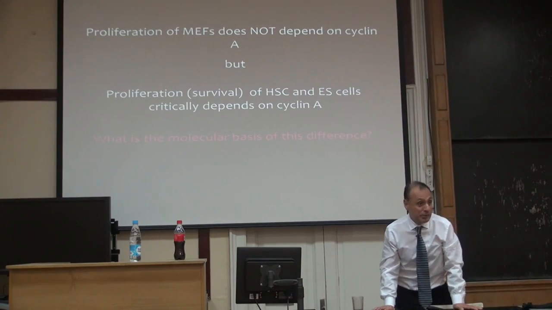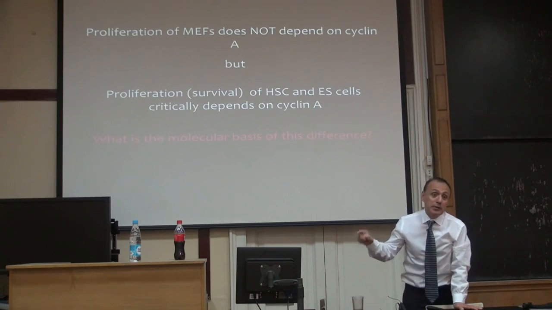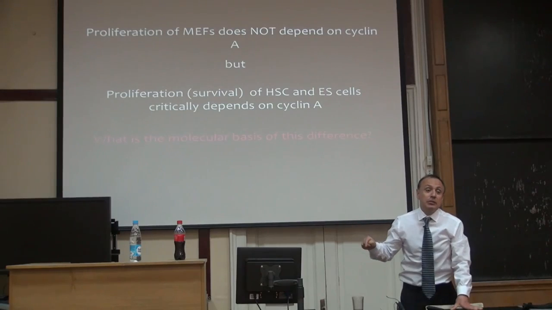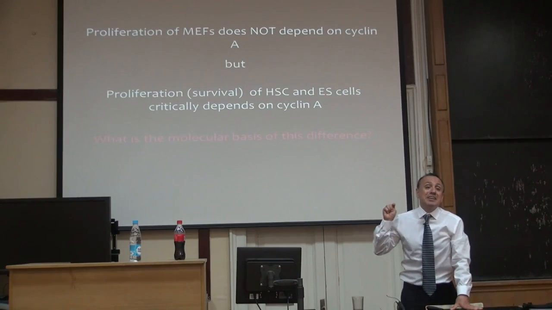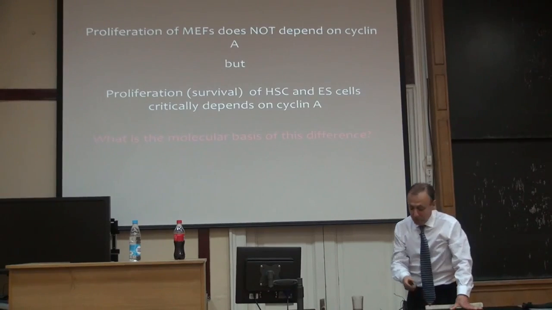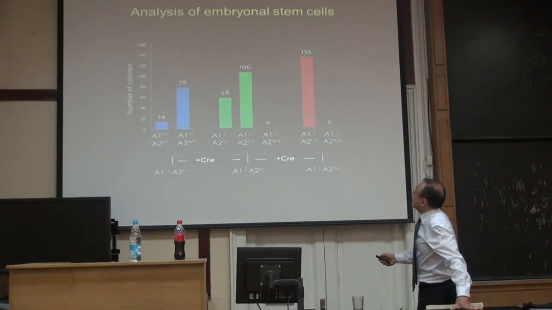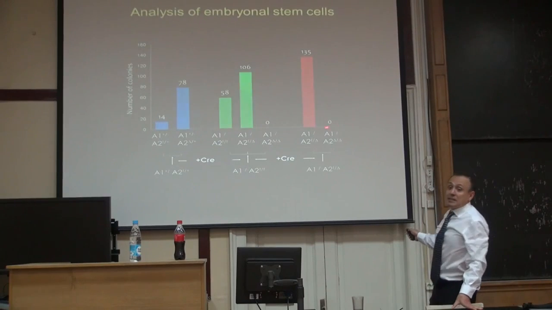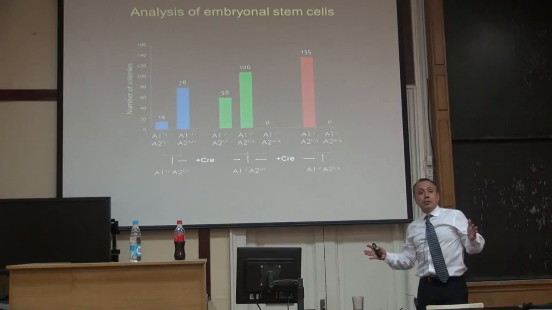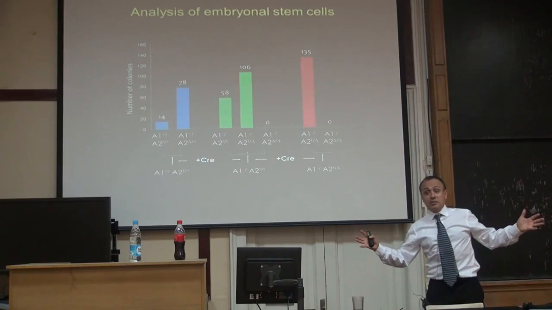And together with them, we have shown, and this is in the paper, that if you knock out cyclin A in stem cells, this experiment shows you that you never get any colonies. Well, we interpreted that we never get any colonies because they don't proliferate, right? So you cannot see single cells.